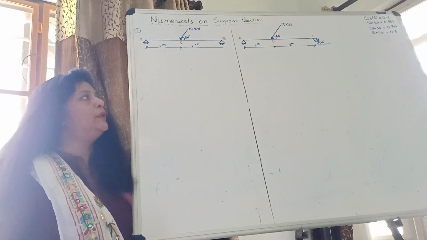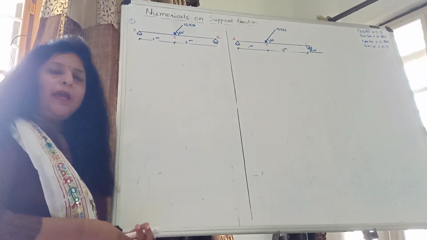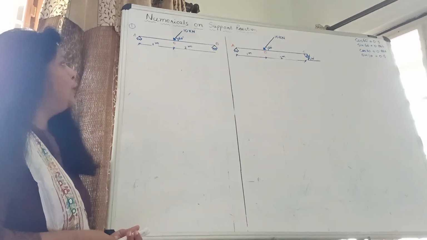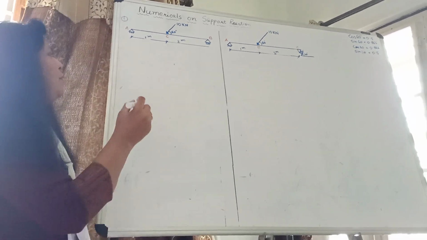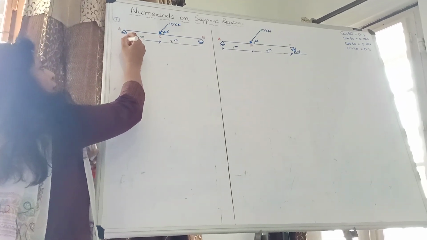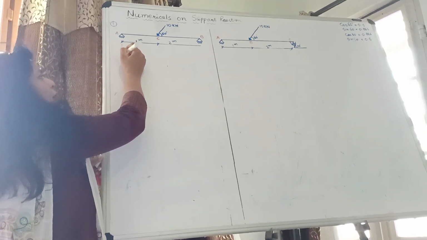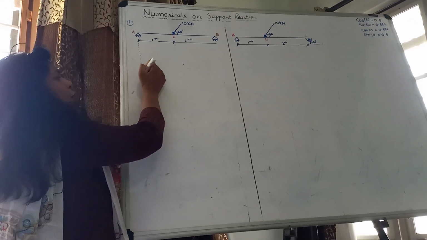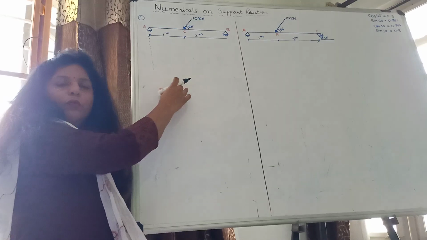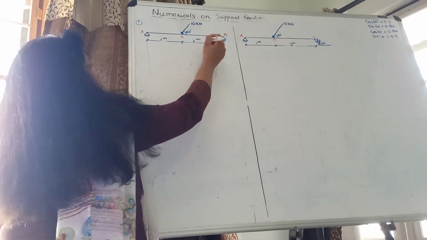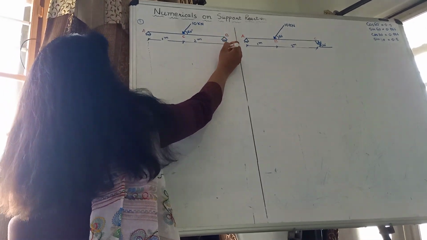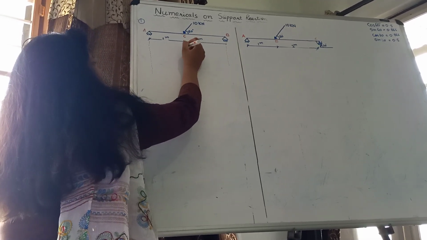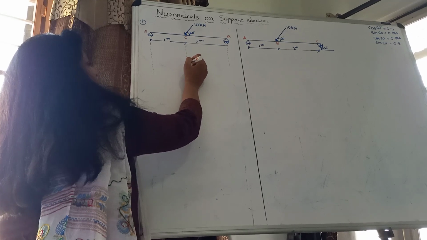To start with, first of all, we have to draw a free body diagram as I have already discussed. And to draw a free body diagram, what we have to do? We have to mark the points A, B and C in the vertical downward direction.